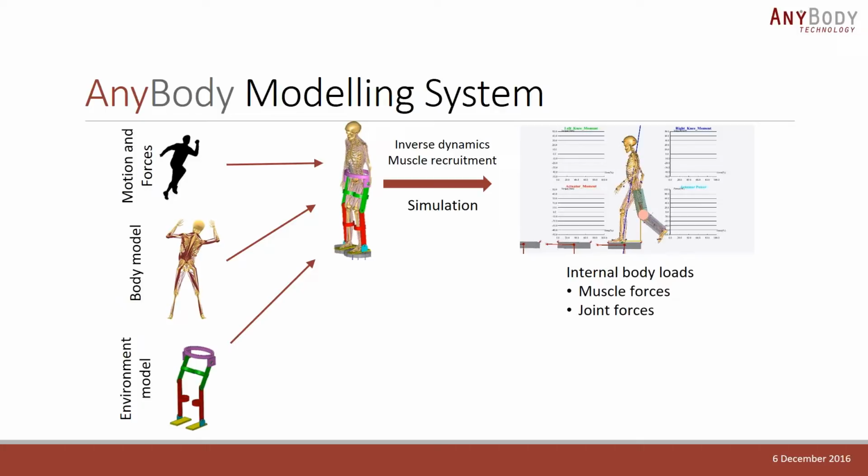Then they run it through the system, and then they get basic insight into the internal properties of the mechanics of the body, such as joint forces and muscle forces, down to individual muscle forces or individual branches of muscles, if you choose that level of resolution in your model.